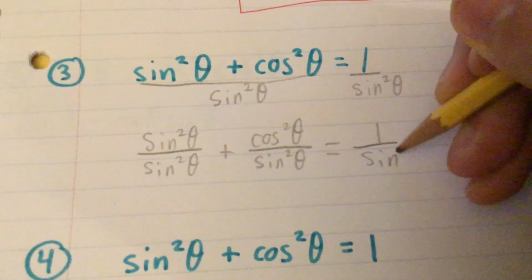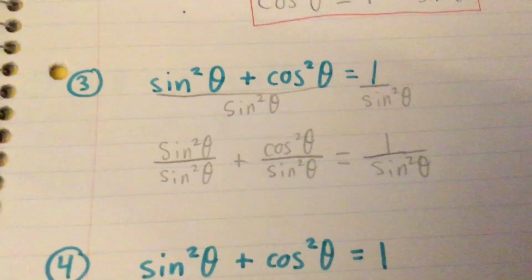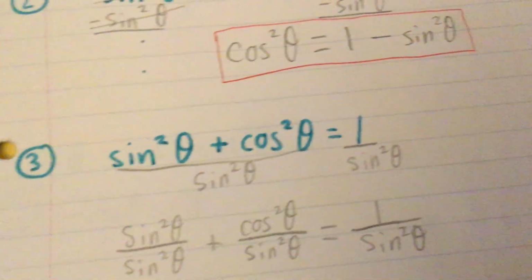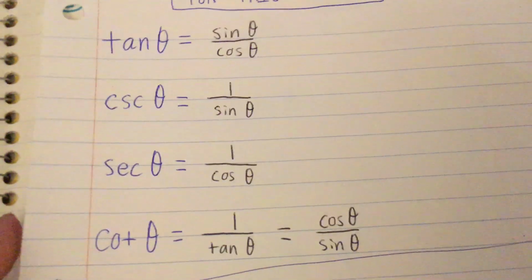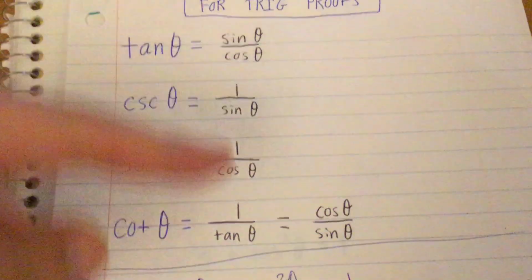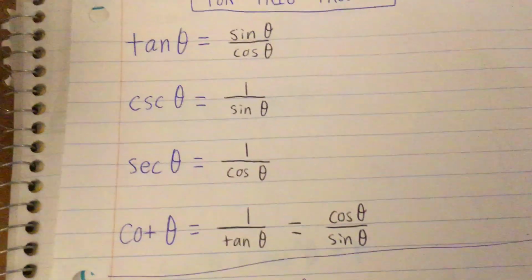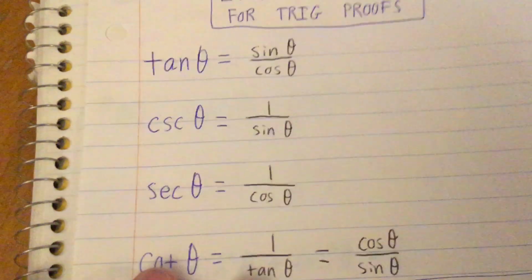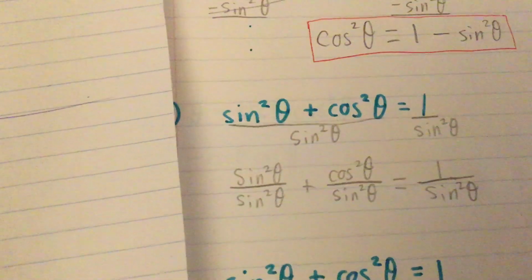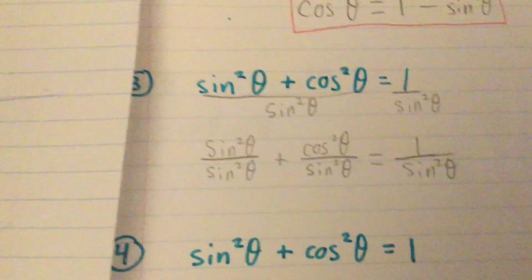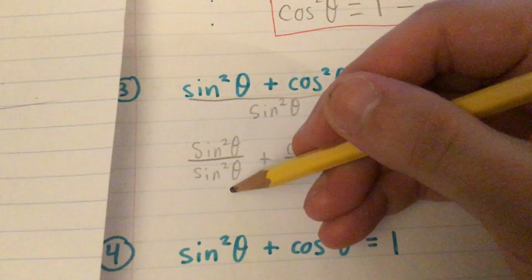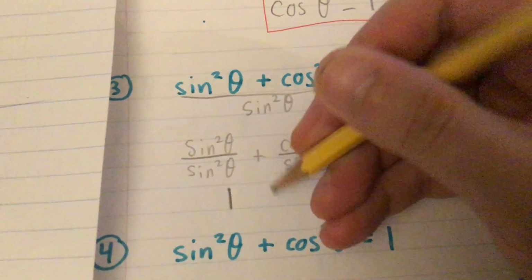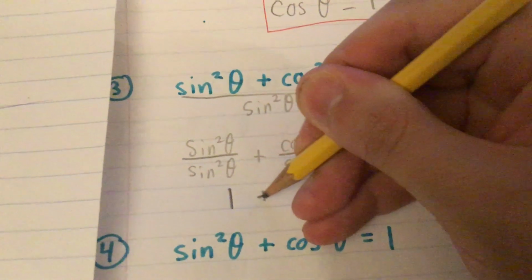Now, use the rules that were given to you. We're just going to apply the square to them. So all I know are the Pythagorean theorem of trigonometry, but I'm also going to still use these trig ratios. Sine squared of theta over sine squared of theta, well, it's the number divided by itself, so that's a 1. Okay, let's see.